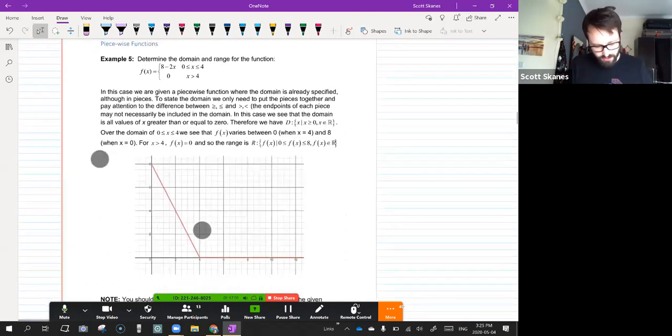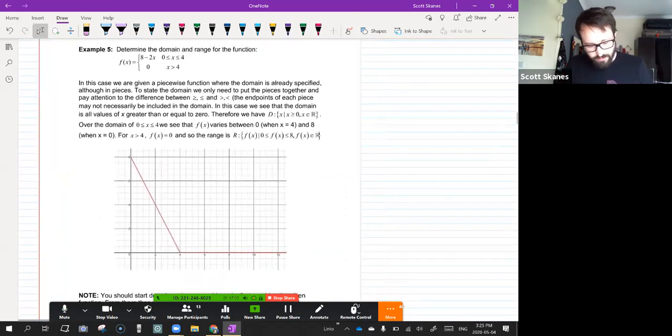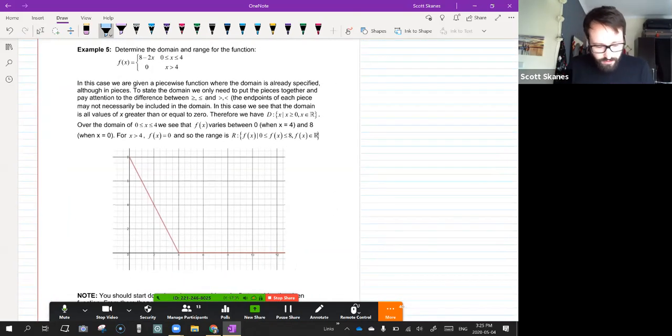Let me show you the whole picture. For example, anything between 0 and 4, which is this range, anything in this range must be this function.